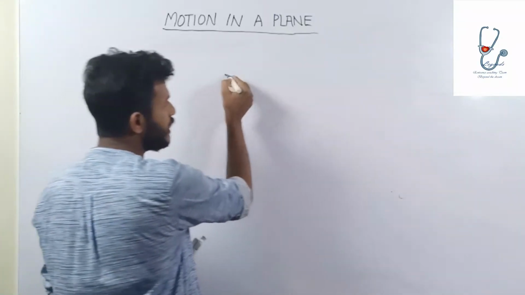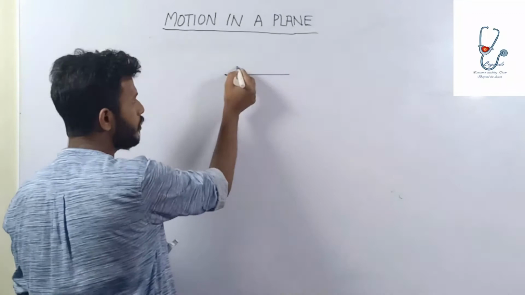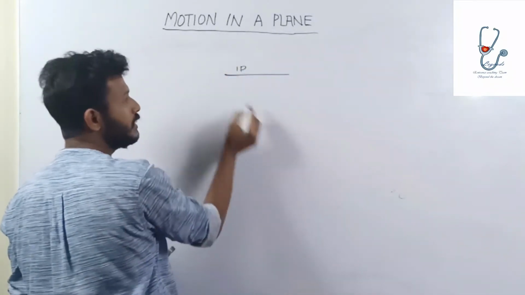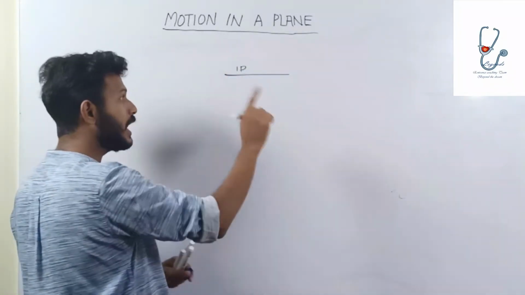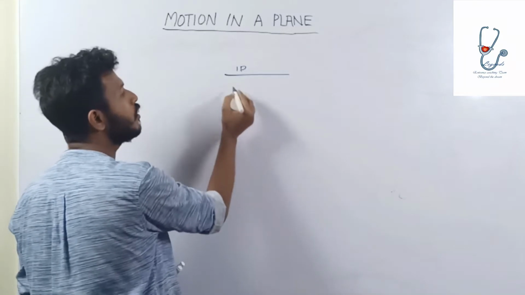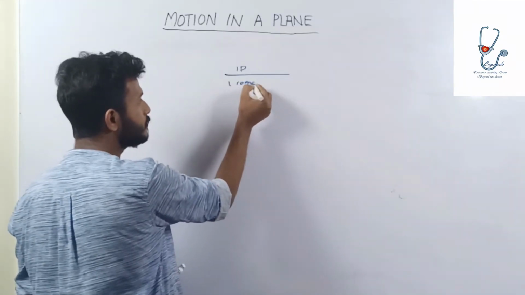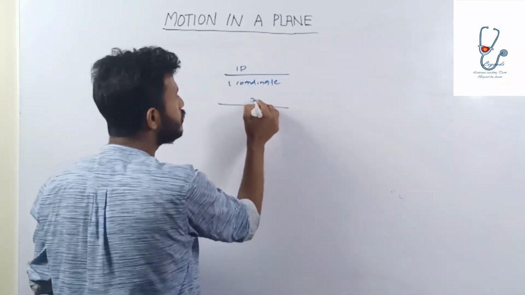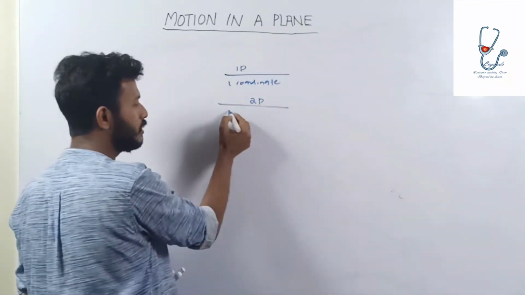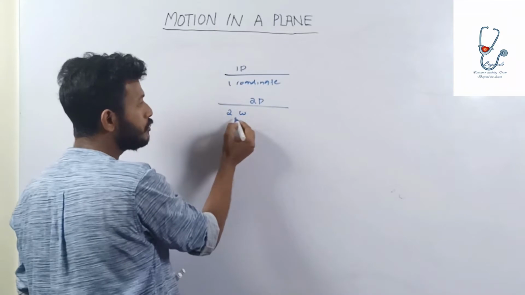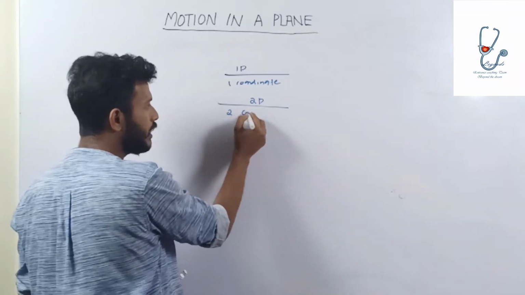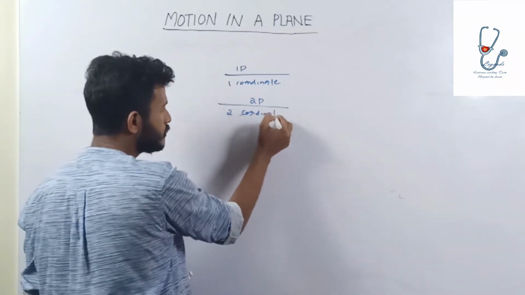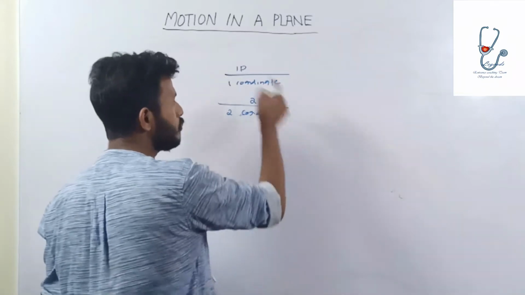In the previous chapter we discussed one dimension, that is motion which can be described by using only one coordinate. This is 2D, two dimensions. We want two coordinates to describe this motion.